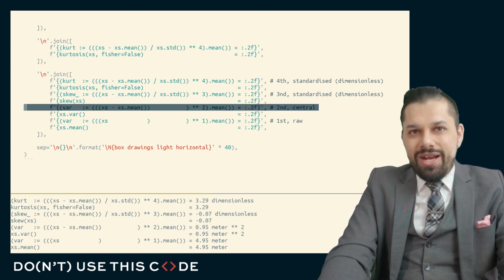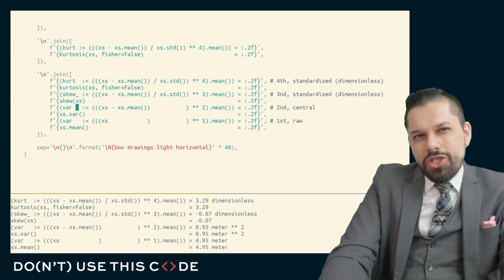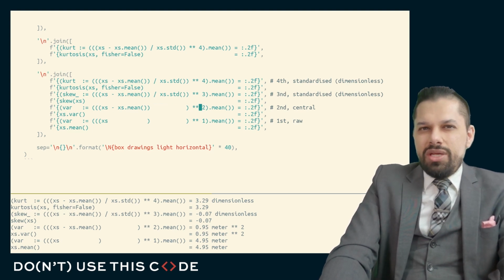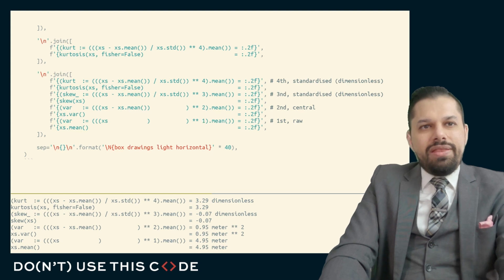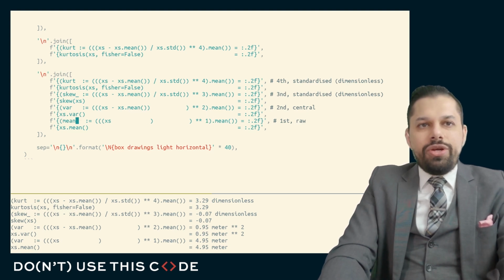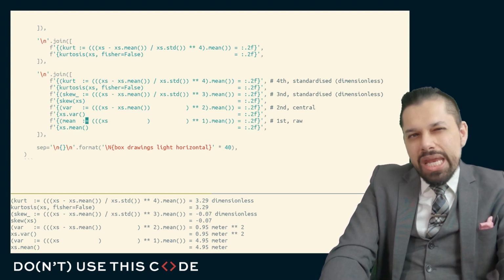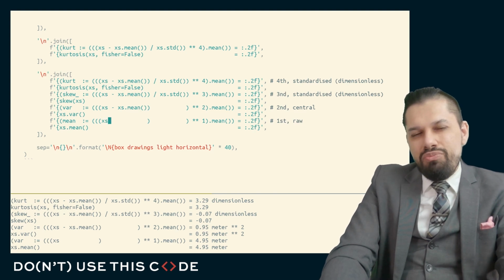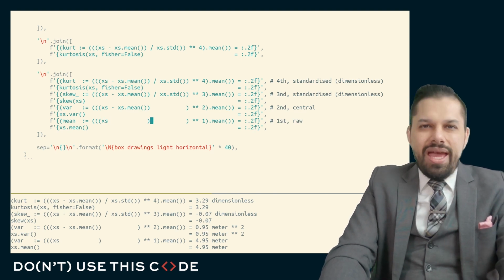The variance is part of this computation too: we didn't divide by the standard deviation, and we raised everything to the second power. And by the way, this is mislabeled. The mean is another portion of this computation, but it removes the subtraction of the mean and raises everything to the first power.